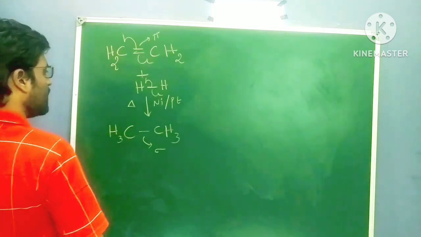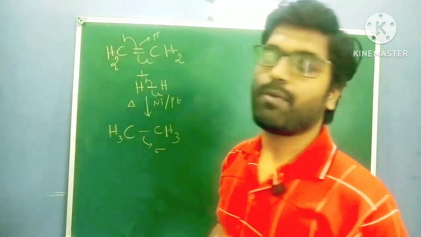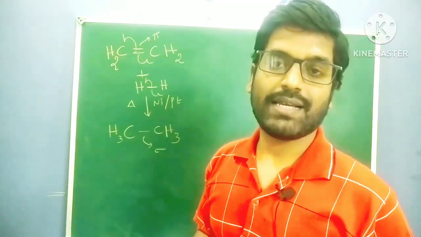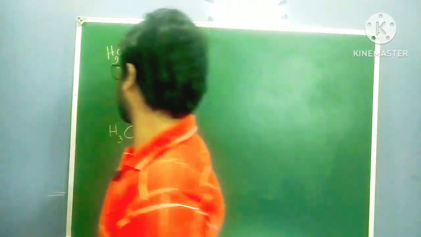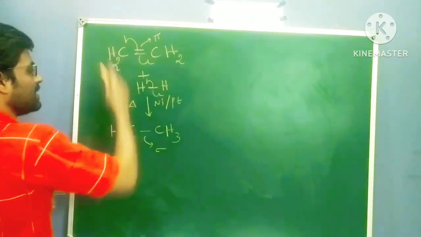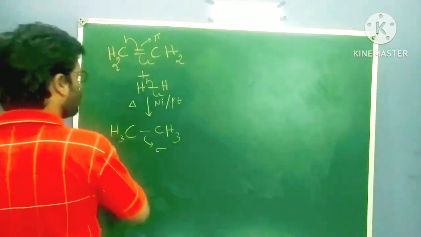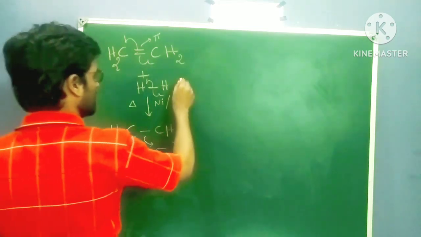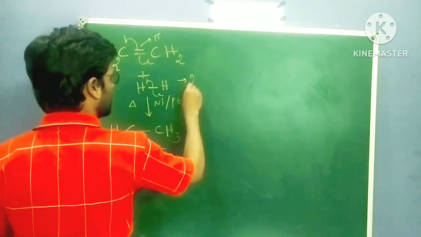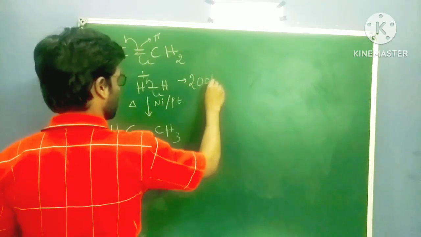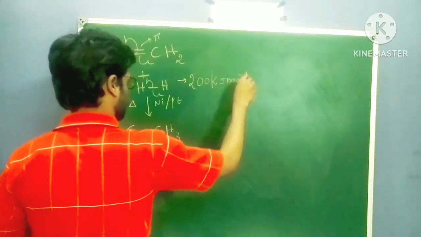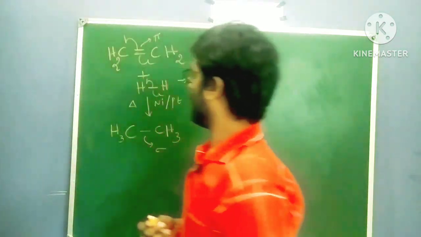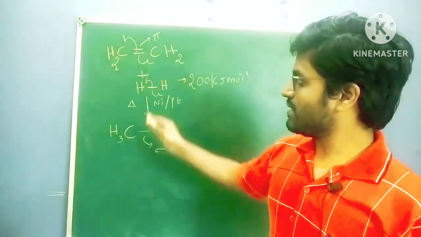Whenever one bond is breaking, we have to give energy. So this reaction takes some energy. For suppose, for this reaction to occur, we are giving 200 kilojoule per mole of energy.